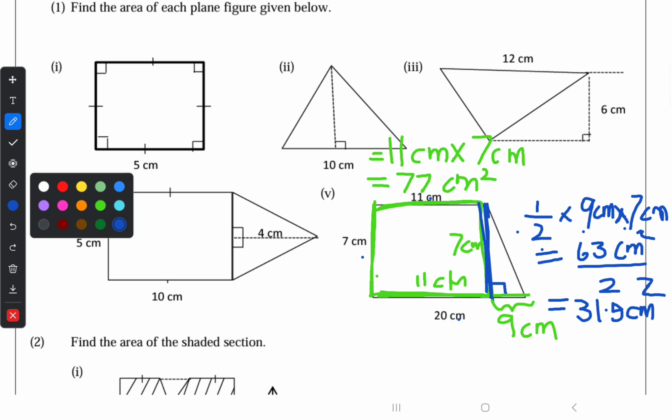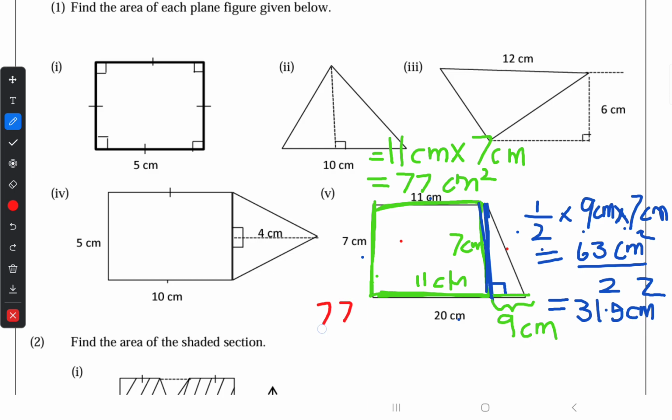Now we found each area. There are two shapes in this composite figure, a rectangle and a right triangle. We found each area separately. Then when we add these two areas together, we will receive the total area of this shape. So 77 added with 31.5.